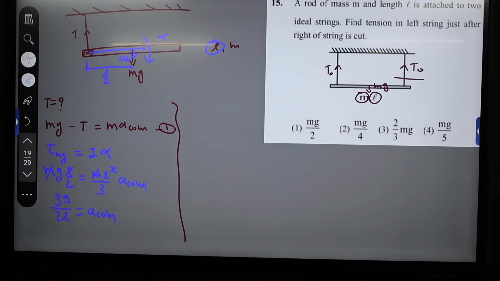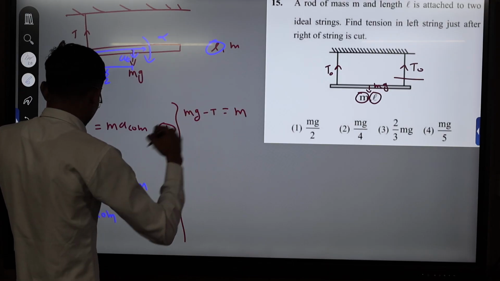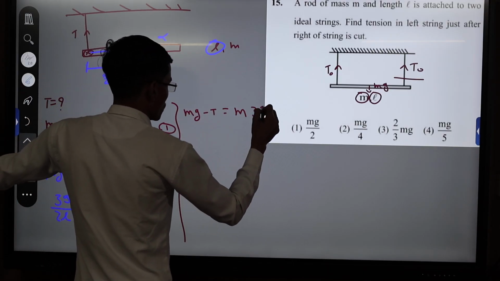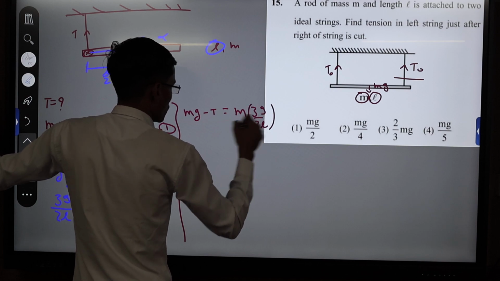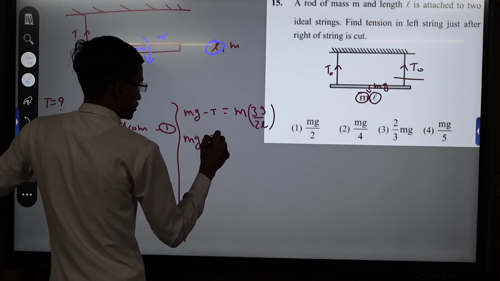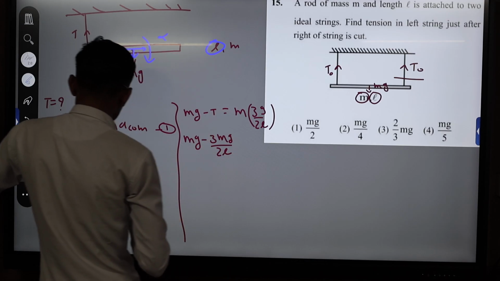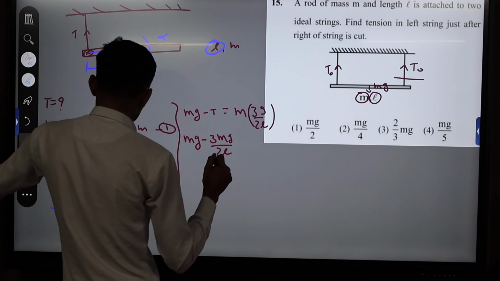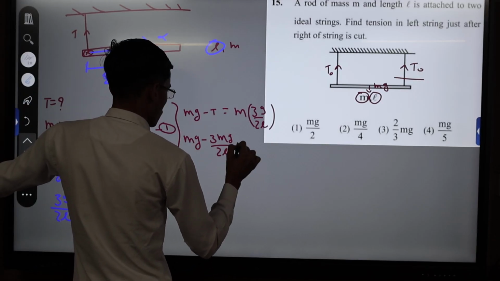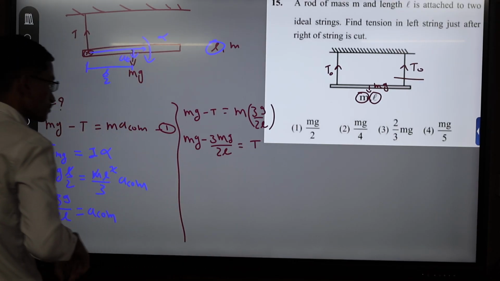Now we have to find tension, so put the value of alpha in this equation. So mg minus T is equal to m into alpha, alpha is equal to 3g by 2L. Rearranging these terms, mg minus 3mg by 2L is equal to T.